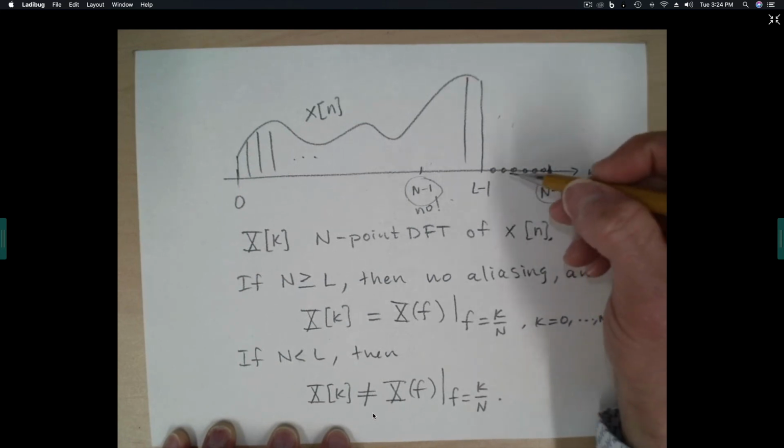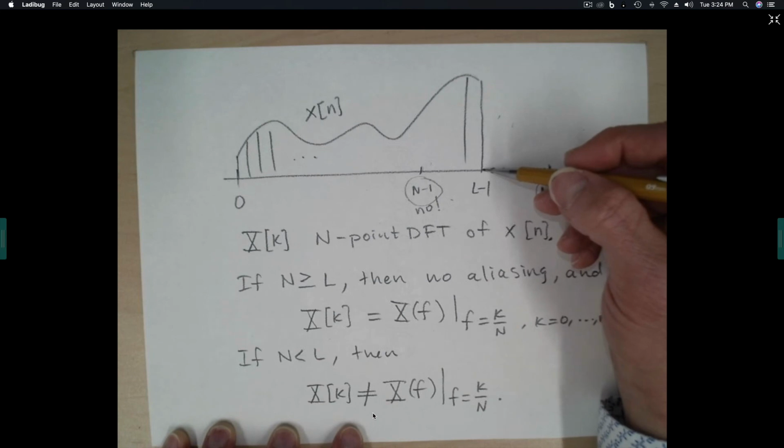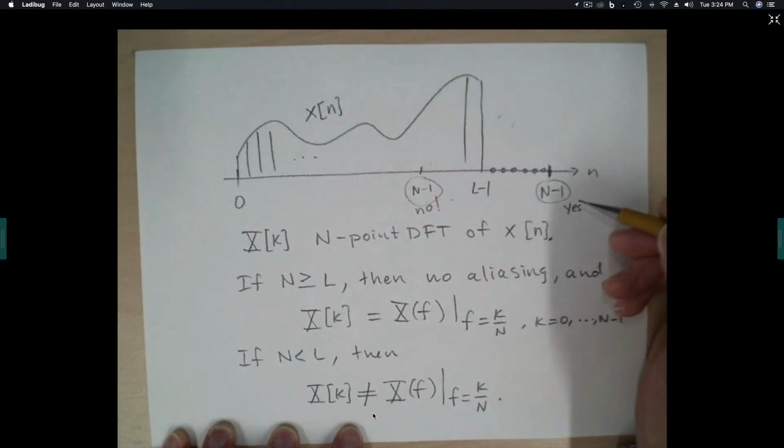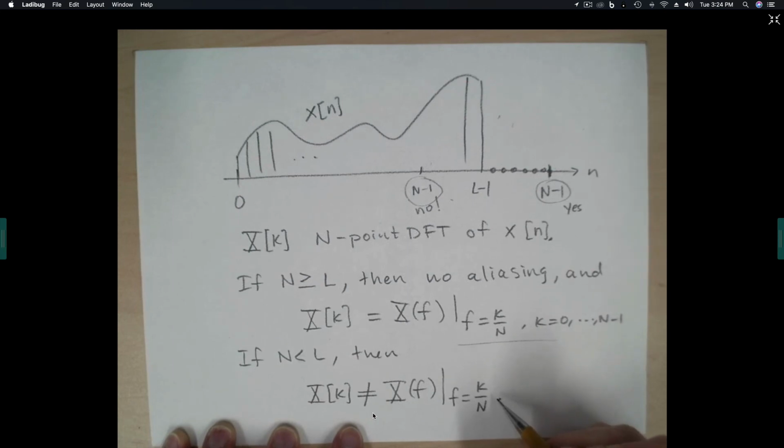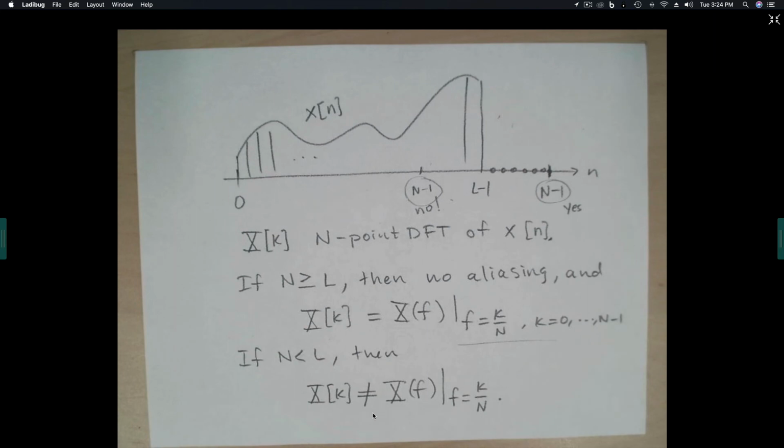We don't change the shape of the underlying DTFT because all the data is present. We just get more samples than the minimum that's needed to represent the function. So zero padding is good. Truncation in general is bad. That's the moral of the story.